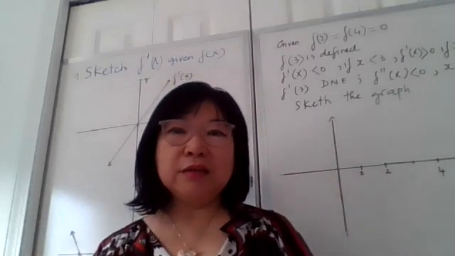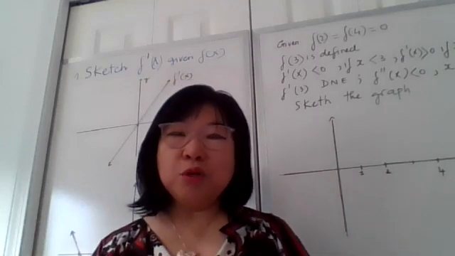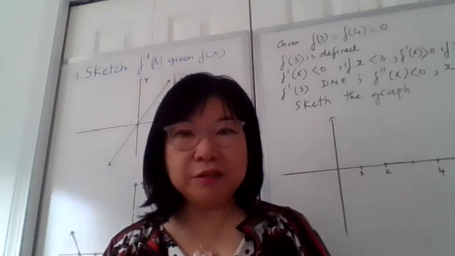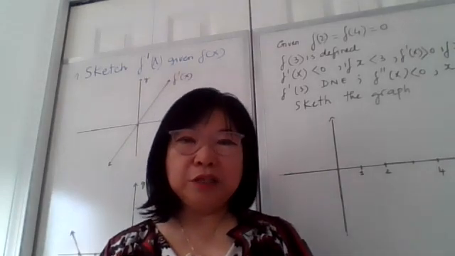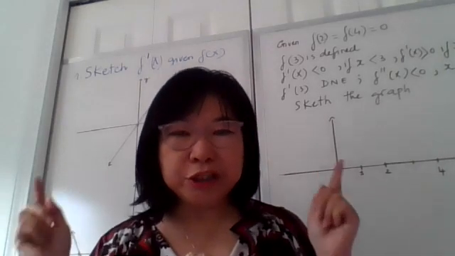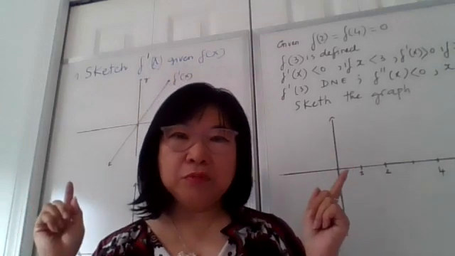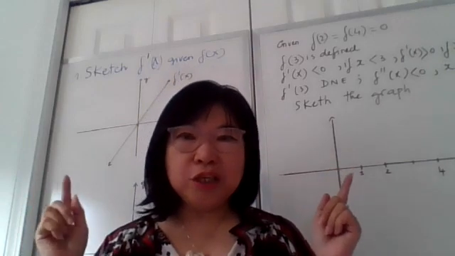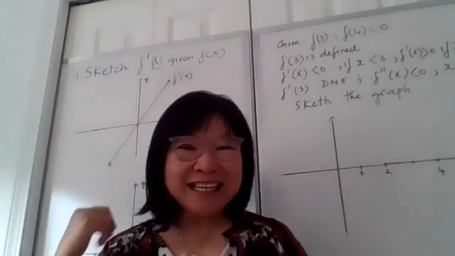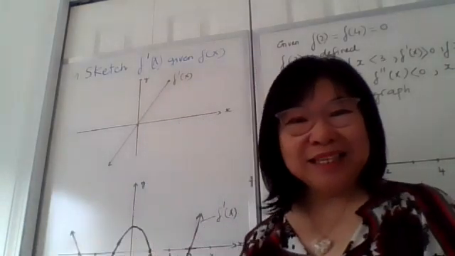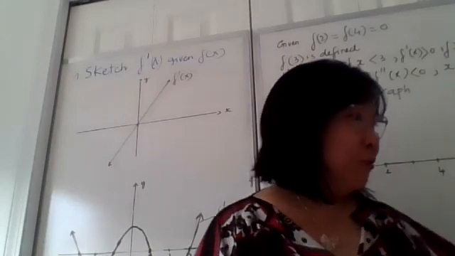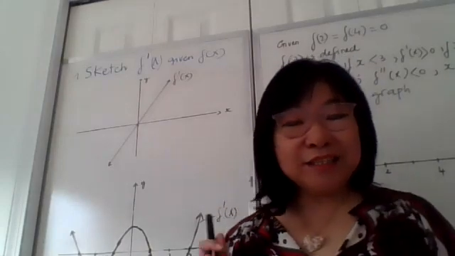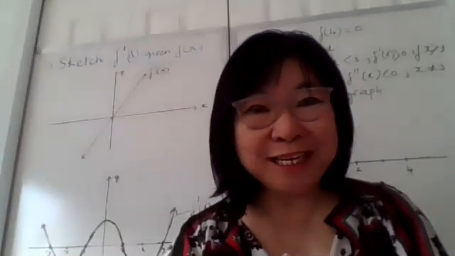Given the derivative function, we try to figure out what our original function is from the sketch of the derivative graph. So let's take a look at the two graphs on my board right now. And actually, there is a trick to sketch this.